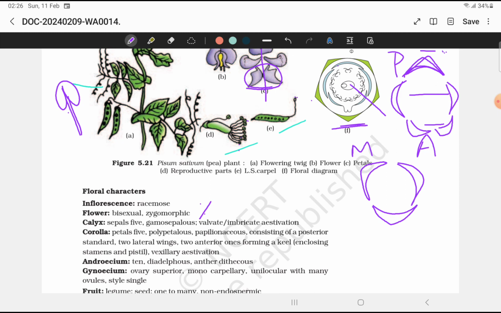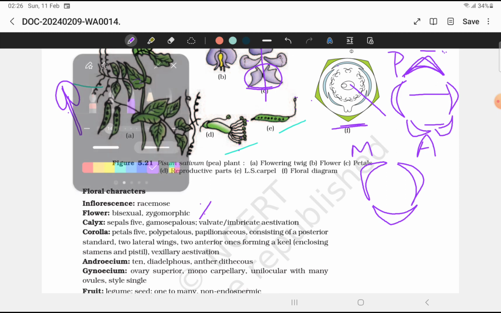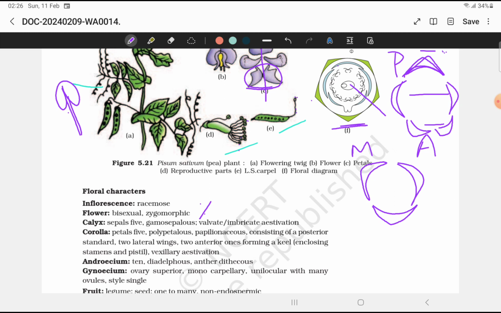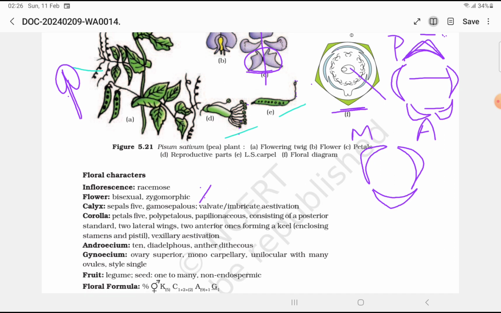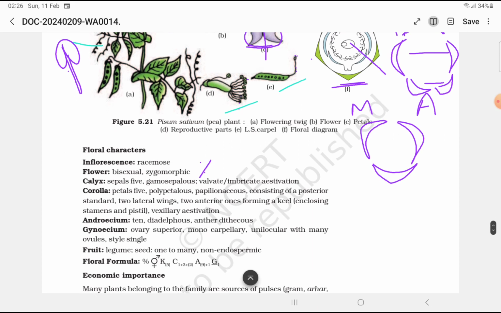So style single, only one style is present here. See, this is the single style, this is the stigma, and this is the ovary. Marginal placentation should have been mentioned, but it is not there. Or you can refer to the legume fruit. Fruit legume, this is very special.